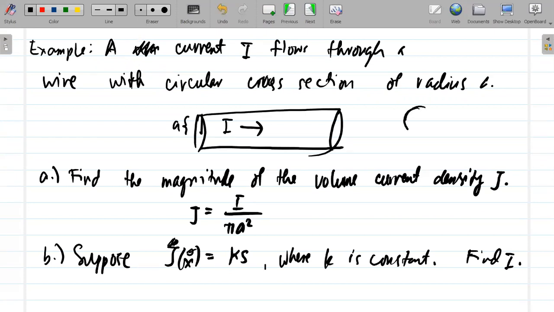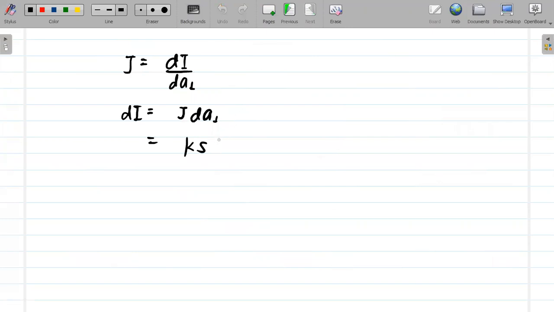So, side view ng wire. So, this is S. Now, class, in cylindrical coordinates, yung small area natin ay S dS d phi. Kasi class, ayan yung S, ito yung phi. Parang r dr d theta. Pero mag-shift lang tayo to cylindrical coordinates. So K S S dS d phi.